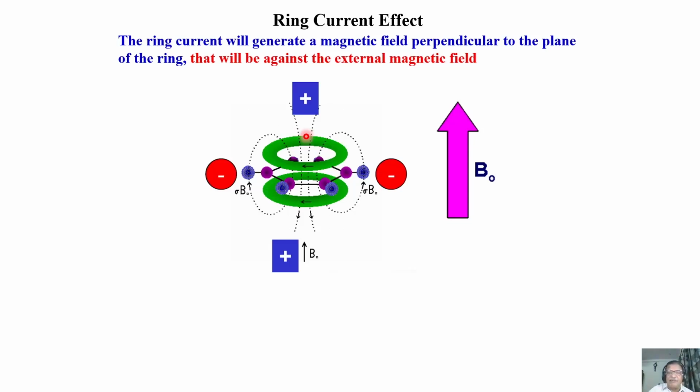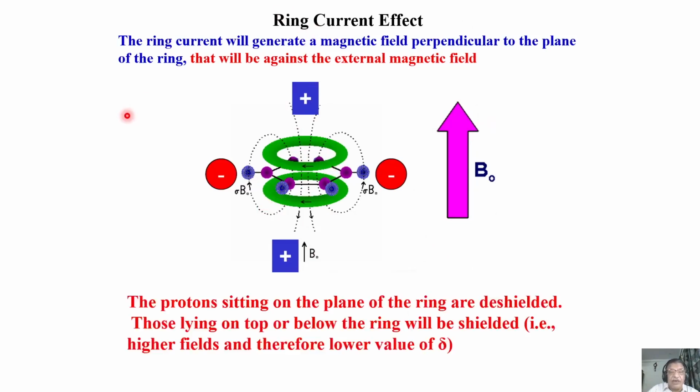We all discussed in the chemical shift. Moving electrons produce a magnetic field, right? So that magnetic field will be against the external field. This also we discussed. Remember, when we discussed the chemical shift, we discussed this point. This magnetic field generated by moving electrons is opposite in direction to the external magnetic field.